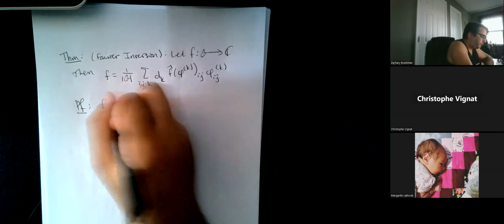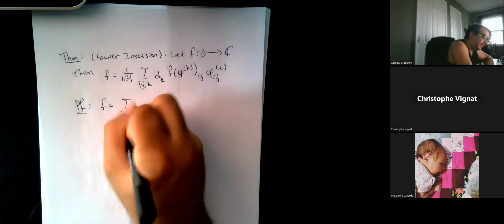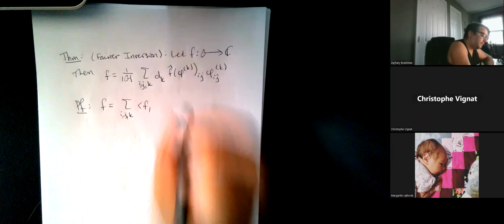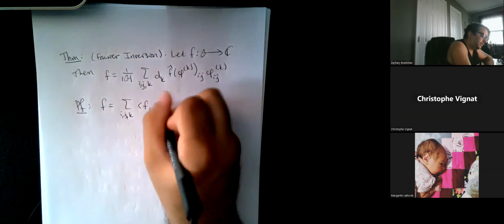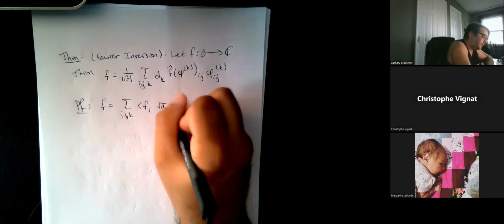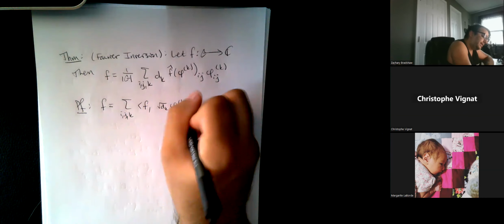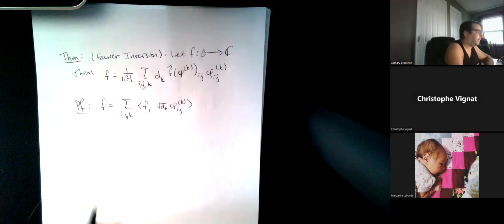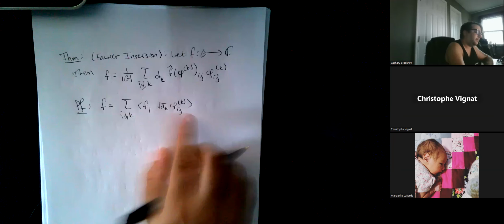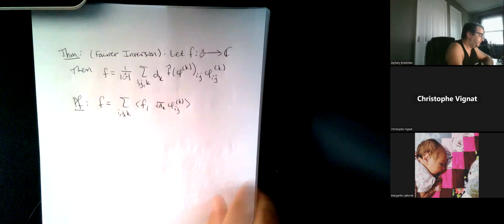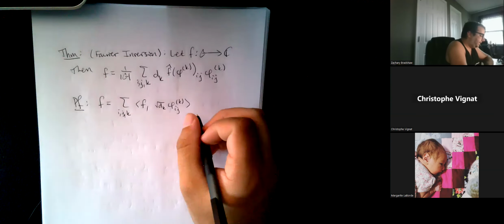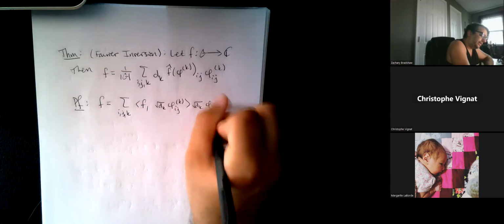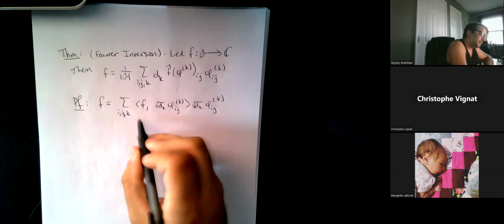We know that f is the sum over ijk of the inner product of f with square root d_k phi_ij^k, because these things form an orthonormal basis for the group algebra, an element of which f is. Oh, sorry, I missed my d_k phi_ij^k here. These are just the coefficients.